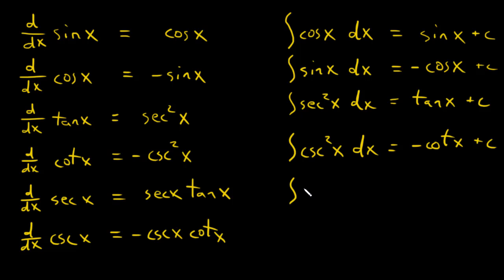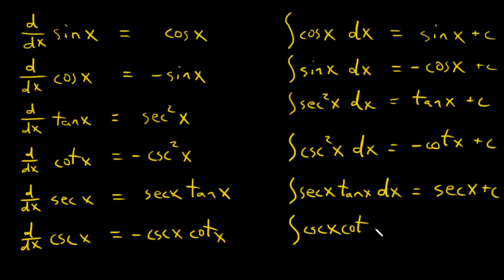The integral of secant x tan x dx is secant x plus c, and the integral or antiderivative of cosecant x cotangent x dx is negative cosecant x plus c.